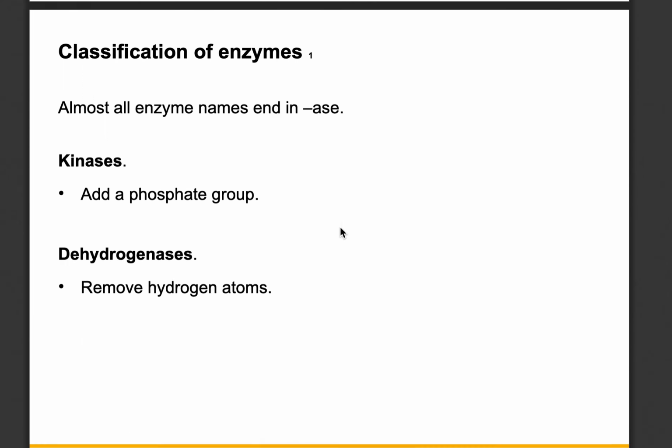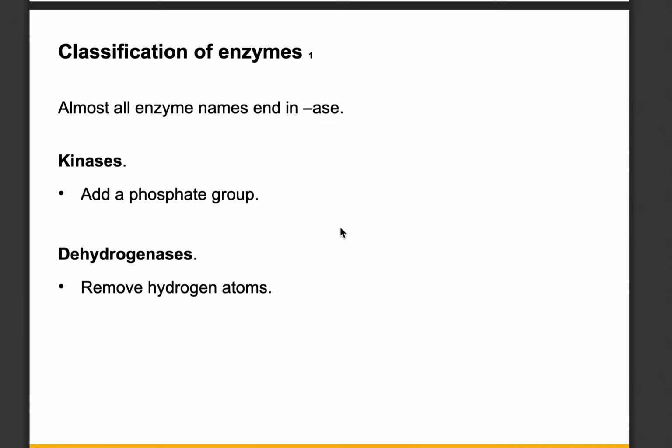One other thing to get familiar with, if you're not too familiar with them, is thinking about what's going on if you hear things like kinases or dehydrogenases when it comes to enzymes. It gives you an idea of what's going to happen. Anytime you see the word kinase, something like phosphate kinase would be an example you might see later, that's going to add a phosphate group.